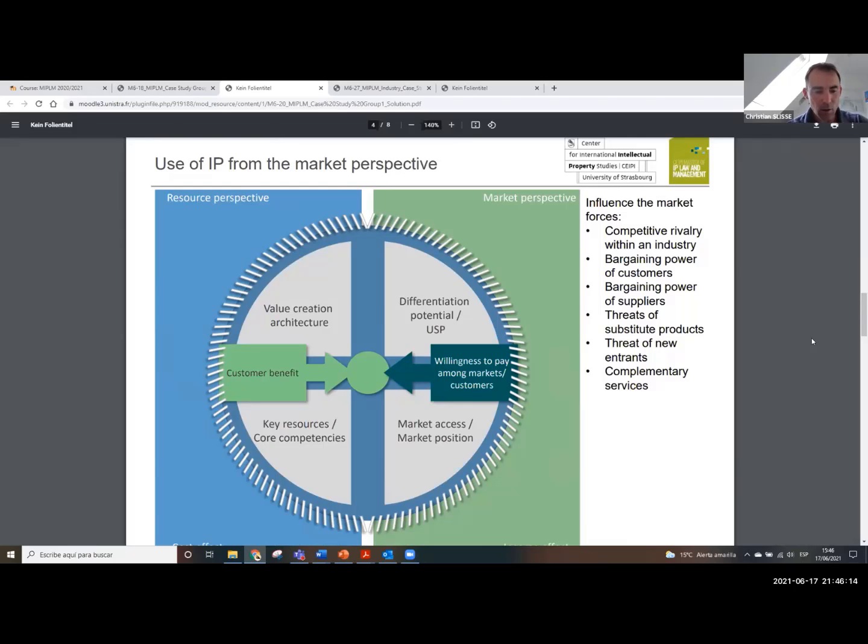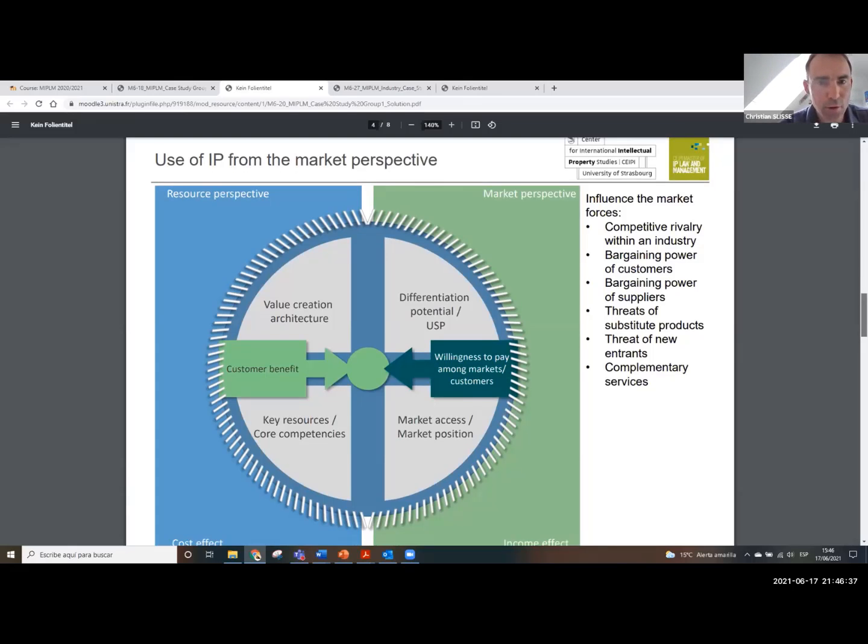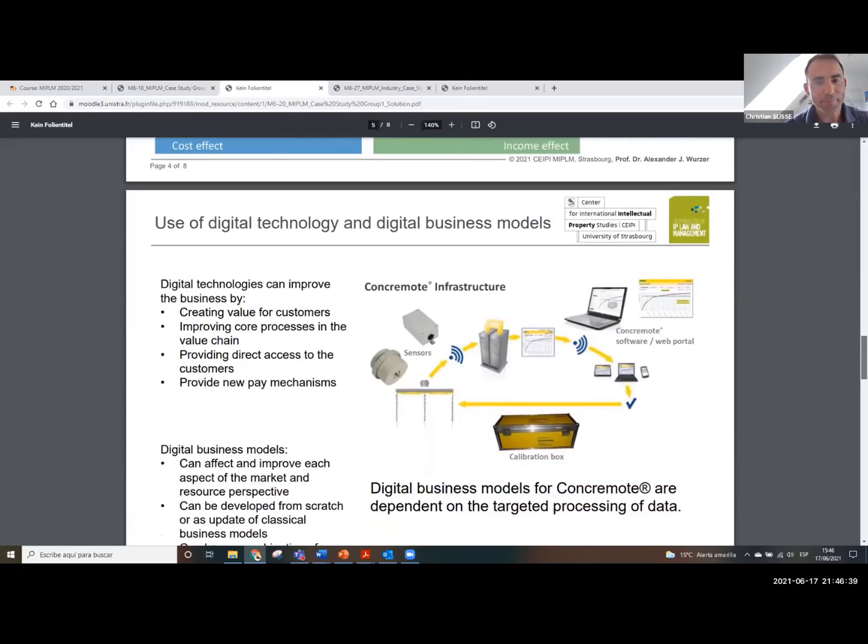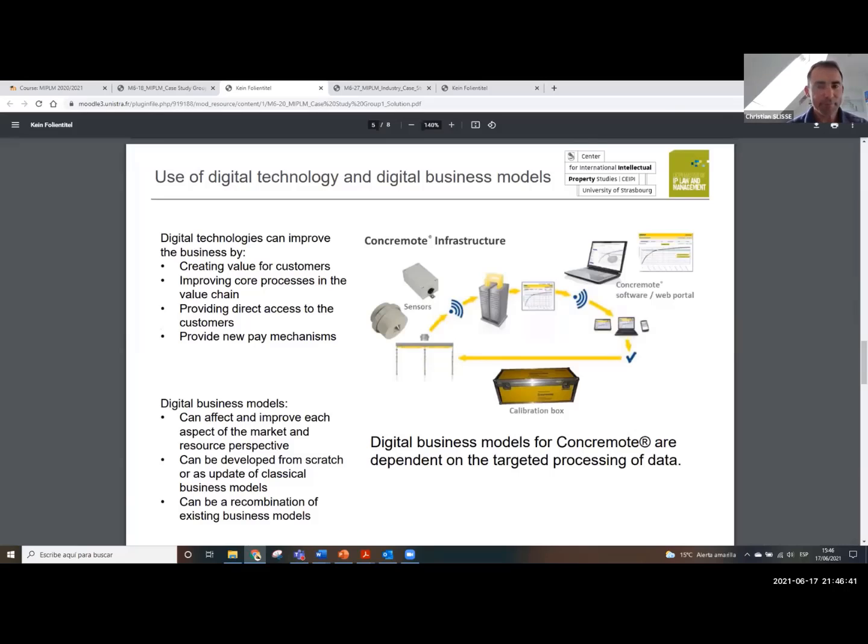This finally enables Doka and Amdash Group to influence the five forces from Michael Porter, which are competitive rivalry, bargaining power of customers, bargaining power of suppliers, threat of new entrants, and complementary services. And now I pass to my next colleague.